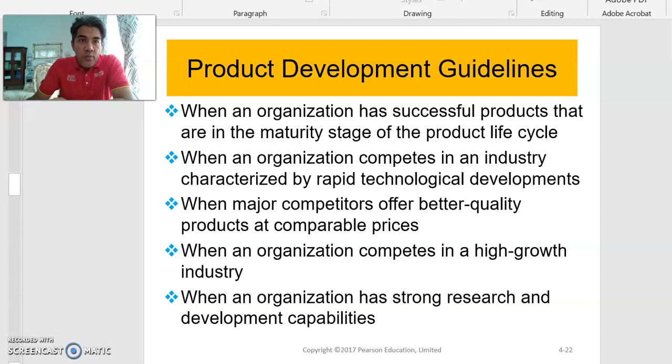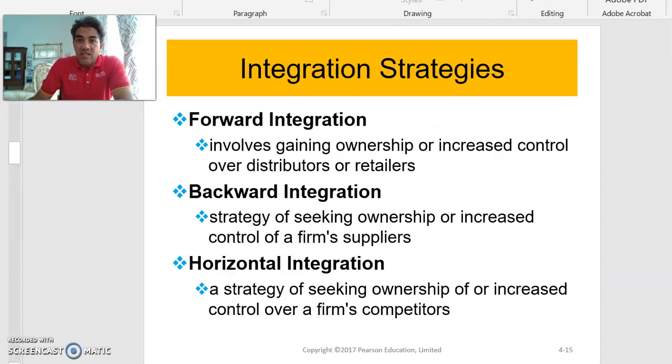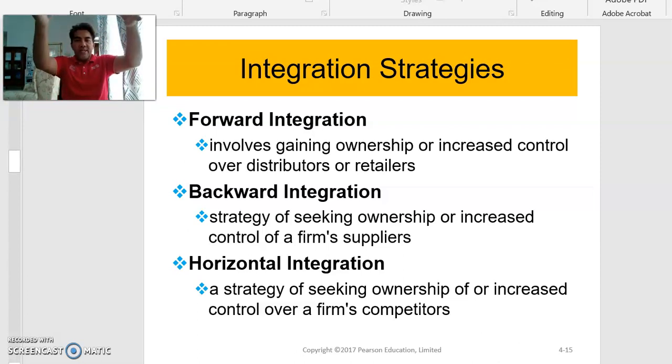So this is the second video for topic number 5, which is on strategies in action. We have discussed in the previous video the intensive strategy, as well as the integration strategy: forward, backward, horizontal. Forward meaning with your retailers, distributors; backward with your suppliers; and horizontal with your existing competitors.